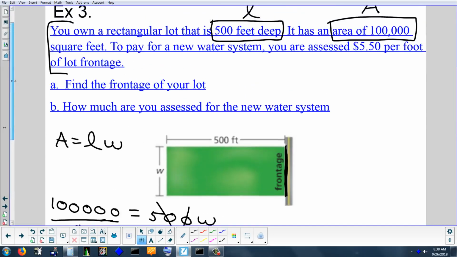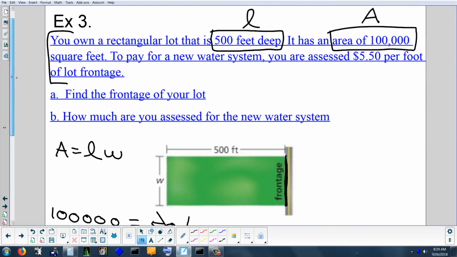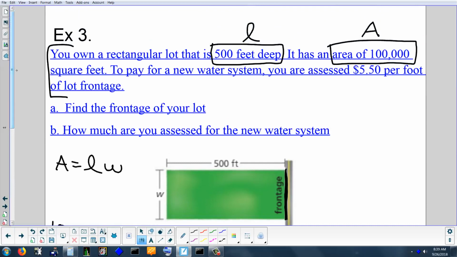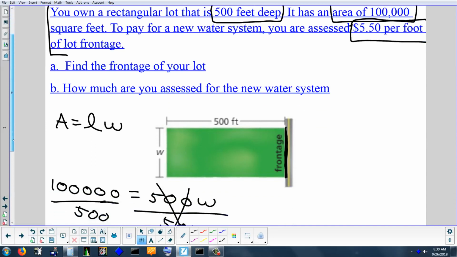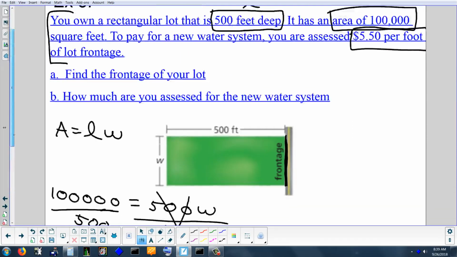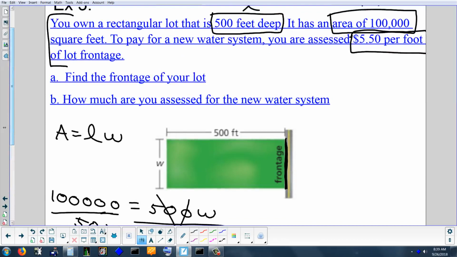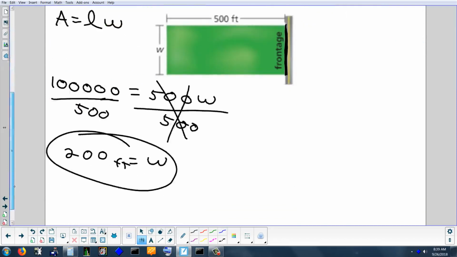Now, how much are you going to have to pay for a new water system? So now we've got to use this. The city charges you $5.50 per foot. So how am I going to figure that out? The front of my property is 200 feet, and I have to pay $5.50 for every foot on the front of my property. Yep. Multiply 200 times 5.50.